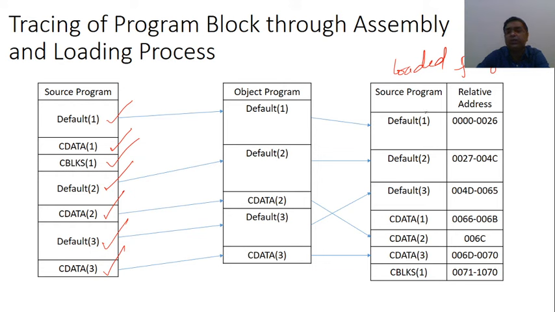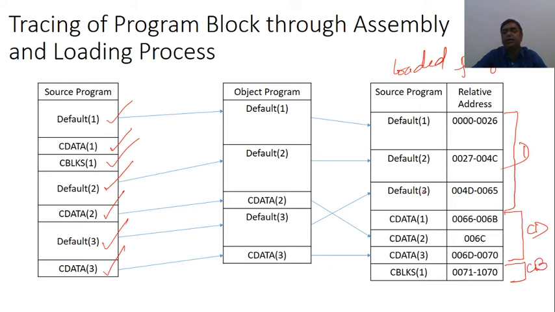Now you can see when this program is loaded in the primary memory, first the default block comes. That means all the default blocks that are present in the program are combined into one default block. First we load the default block. Then the C data block is loaded, and then the CBLKS block is loaded.